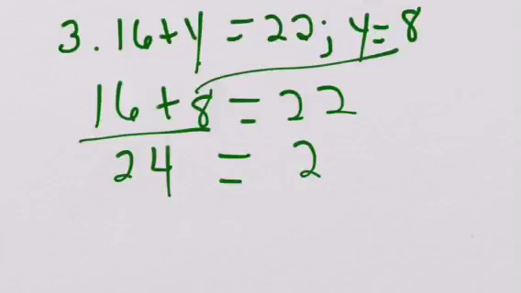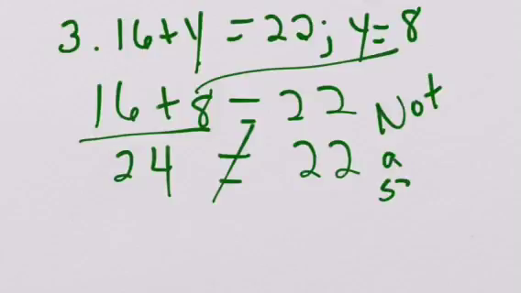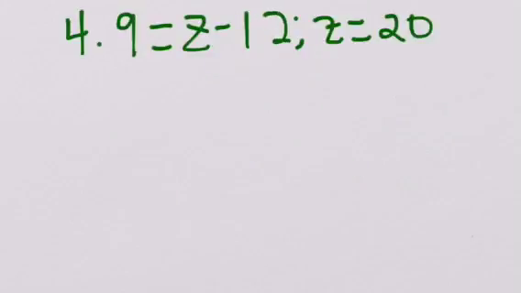And does 24 equal 22? No, it does not. That is not a solution. And that's what you would write down in your paper, except I can't spell solution, so you can write it down.